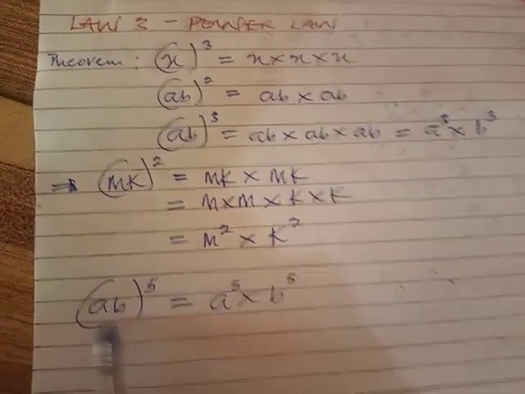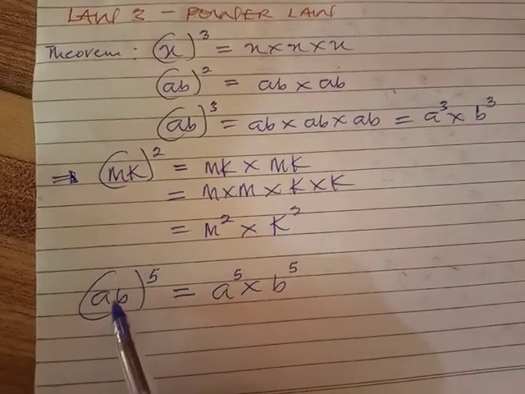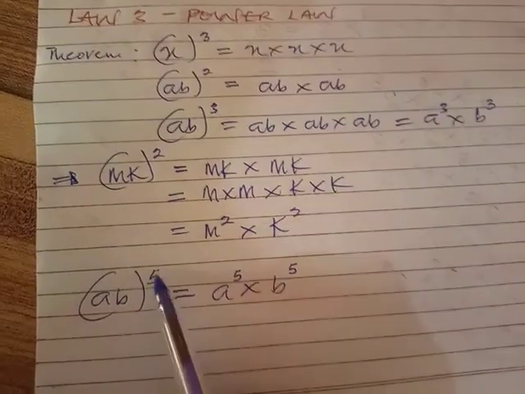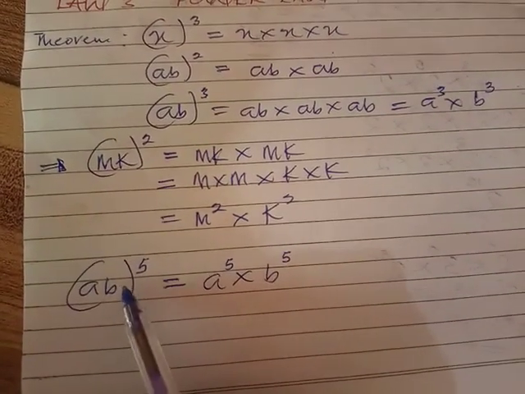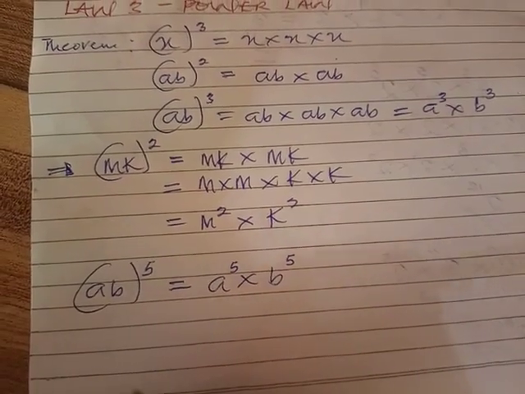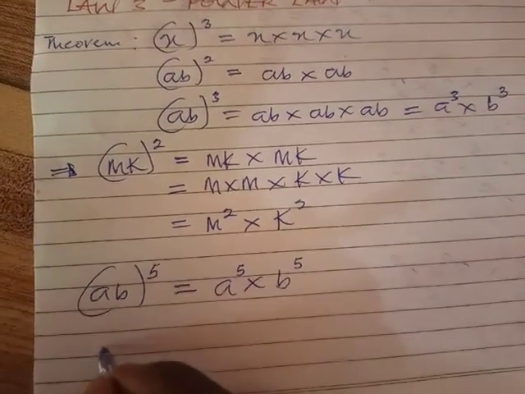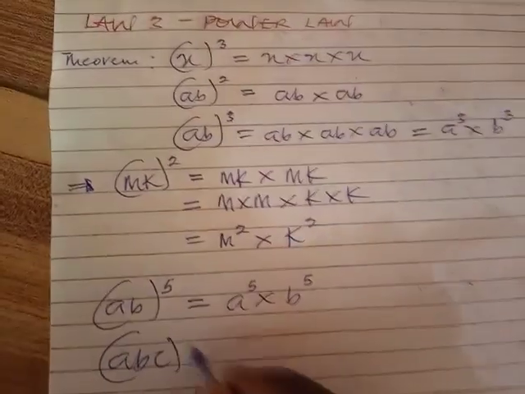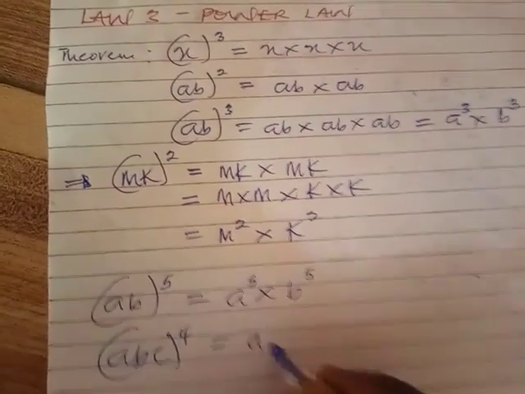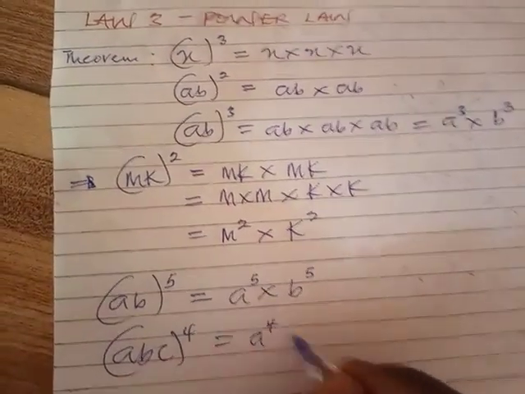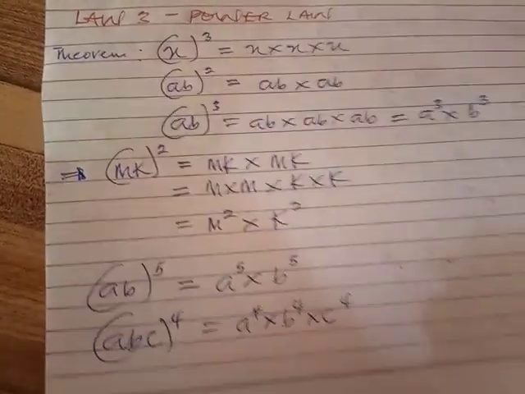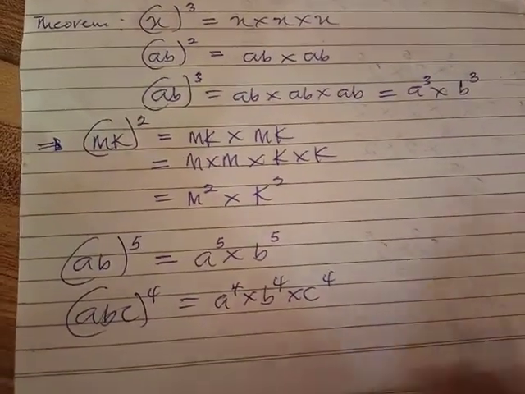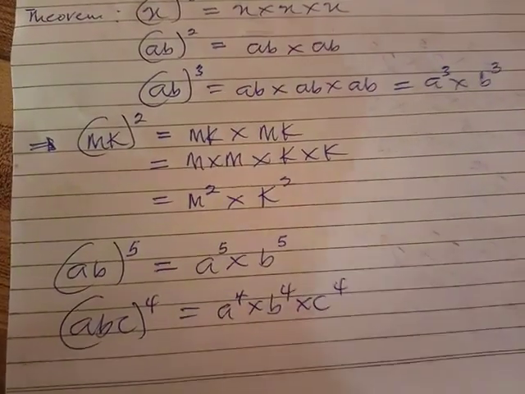So each of these variables will be treated separately from the other variable as far as considering each exponent. So when I have ABC exponent 4, it means A will reflect 4 times, B reflect 4 times, and C also reflect 4 times. That's the meaning of this.